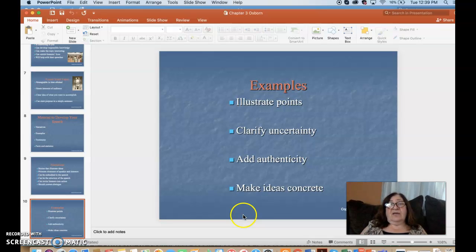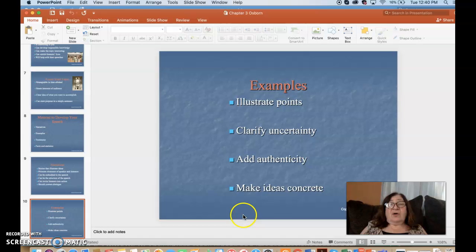Examples are another way to illustrate abstract points or difficult to grasp ideas, concepts. With examples, they become more accessible, and it clarifies uncertainty if you're not so sure about some things as an audience member. An example would put things in place.